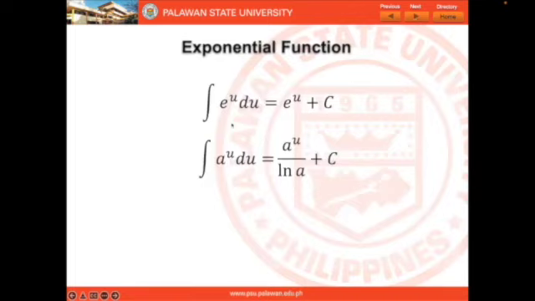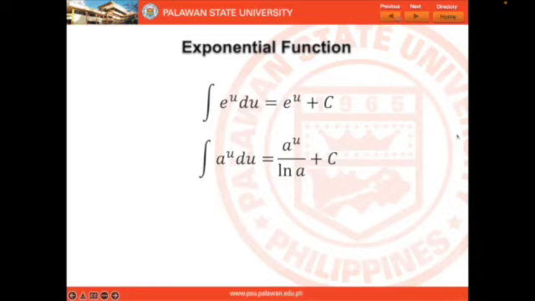Okay, so now we have these two theorems for the exponential function, wherein the integral of e raised to u du is just equal to e raised to u plus constant of integration, and this particular constant raised to u du will just be equal to the constant raised to u all over ln of the constant plus c.